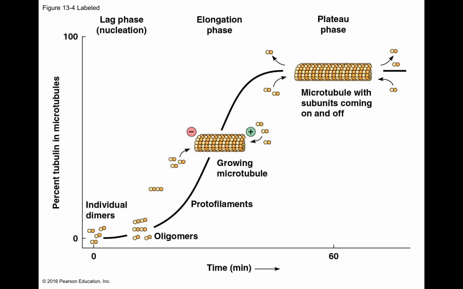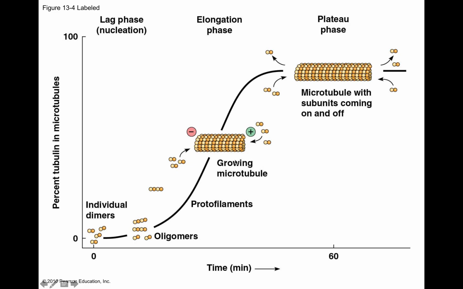And on one end, there'll be a GTP binding site that is not on the other end. That binding site is the end that tends to add on new doublets, alpha and beta subunits, this doublet here.